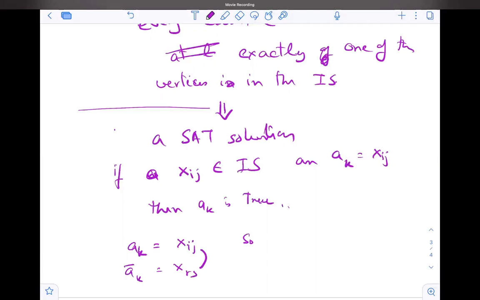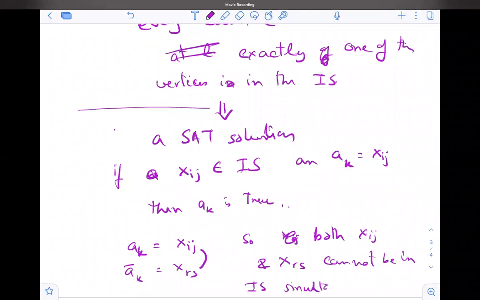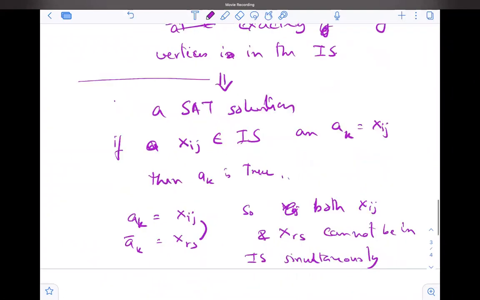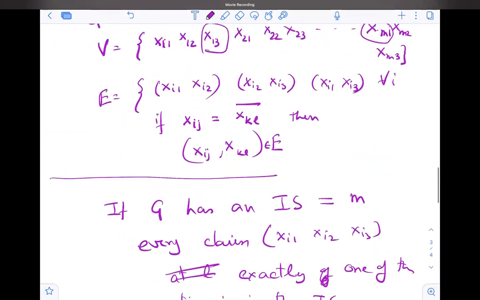So Xij and Xrs cannot be in the independent set simultaneously. So exactly one of them is satisfied, and that's it. So this gives us a solution.